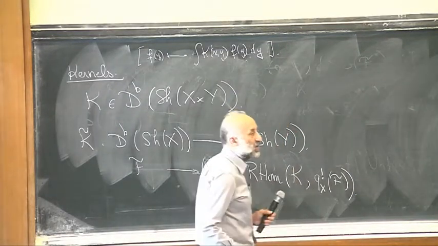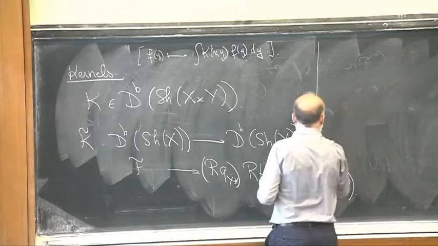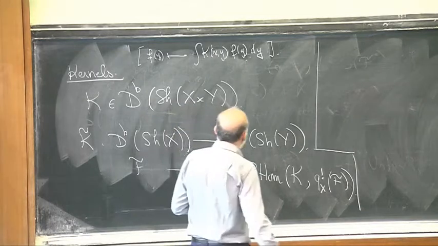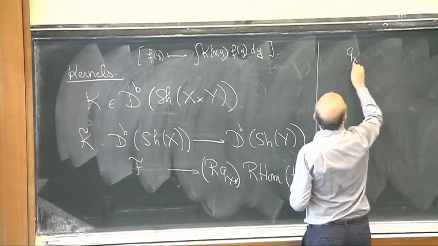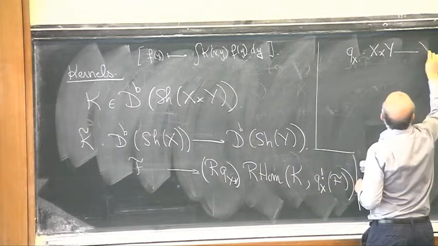So this is the formally correct expression. So Qx and Qy are, of course, the projections here.